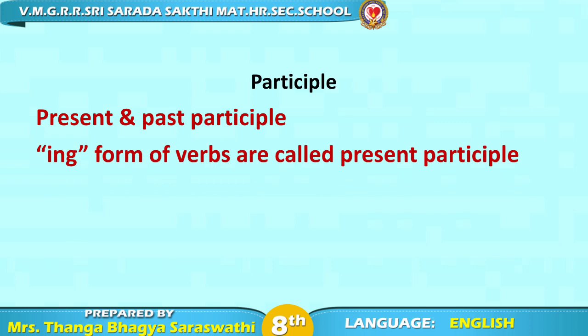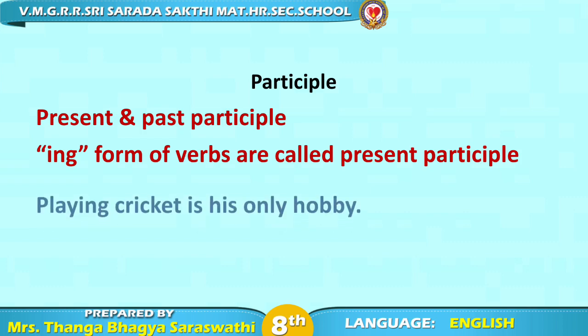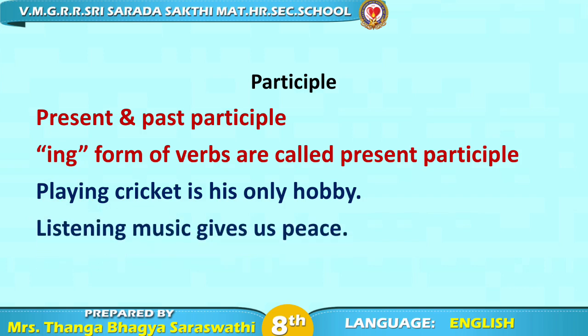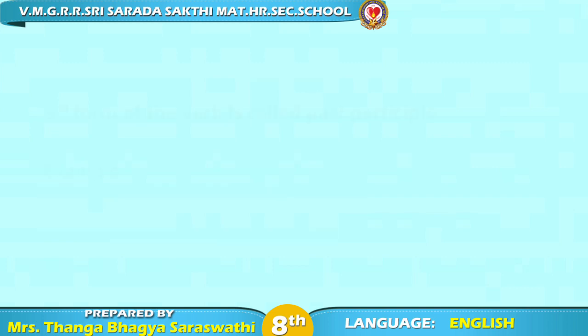So when a verb is in the form of ing, that is, having ing at its end, it is called present participle. Playing cricket is his only hobby. Here playing is the present participle. Listening to music gives us peace. Here listening is the present participle. So it has ing at its end.